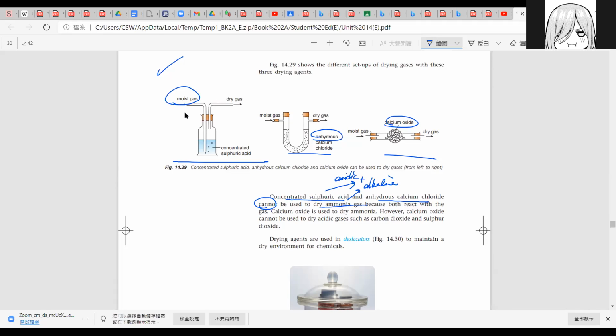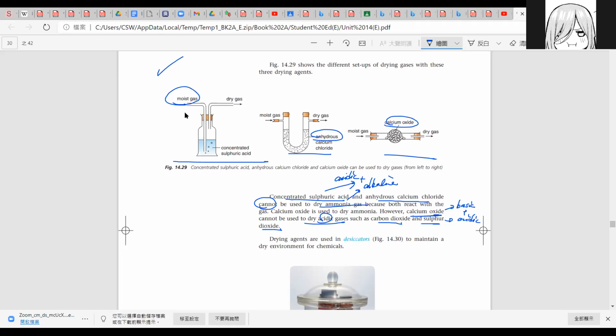Similarly, calcium oxide is a basic substance, so you can never dry acidic gas, such as carbon dioxide and sulfur dioxide, with it, because there is a chemical reaction.